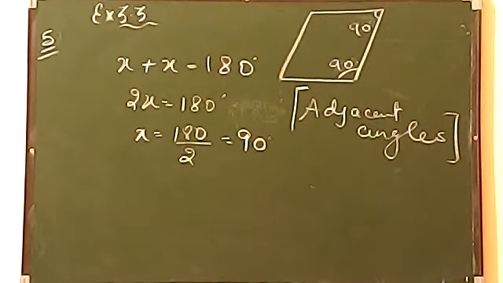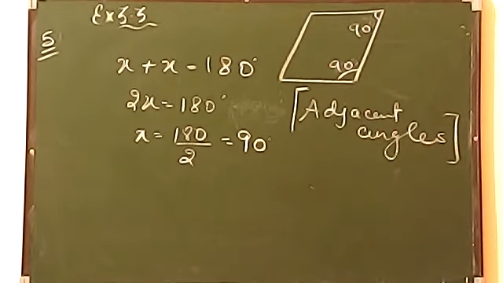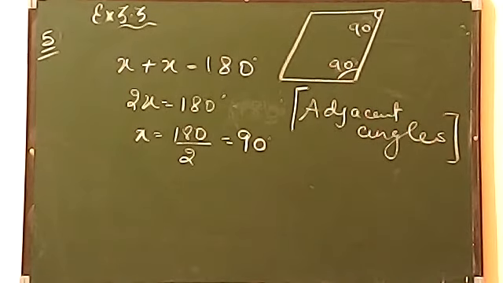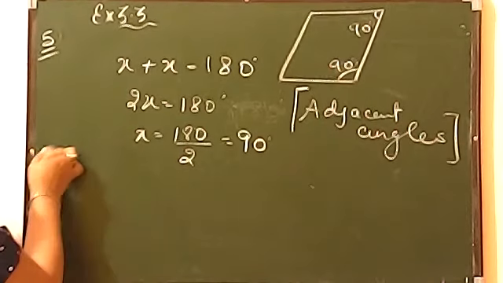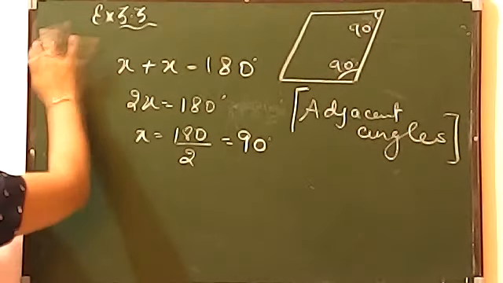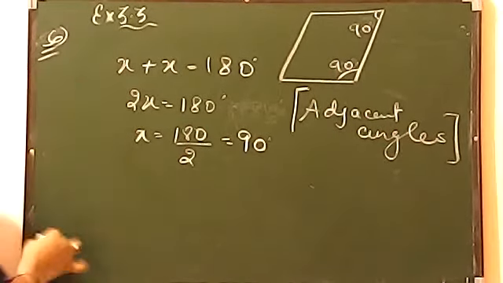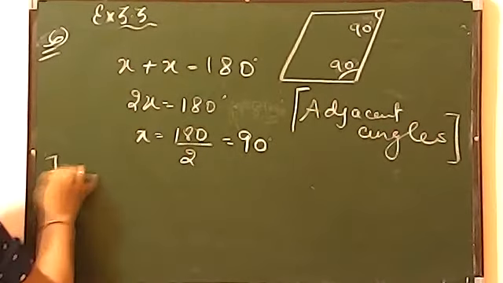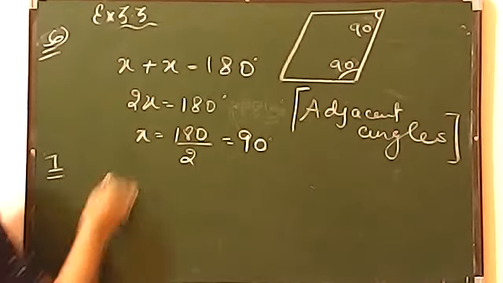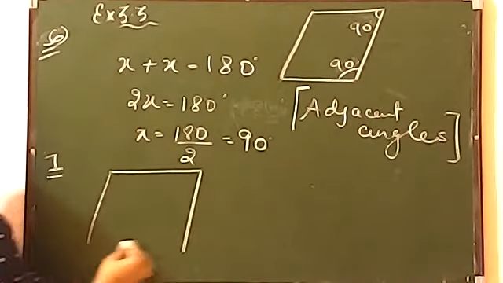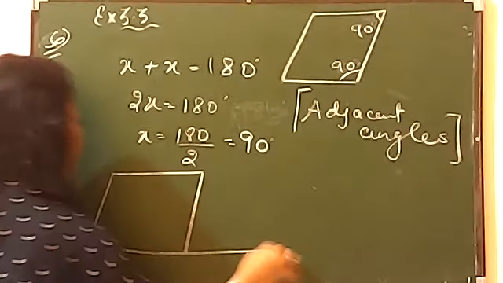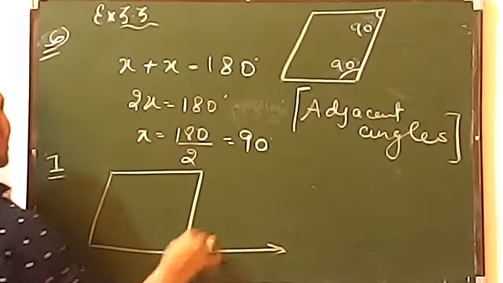Now let us move on to question number 7. Question number 7 has a figure. This was question number 6 which we did just now. This is the figure of question number 7. This is 70.